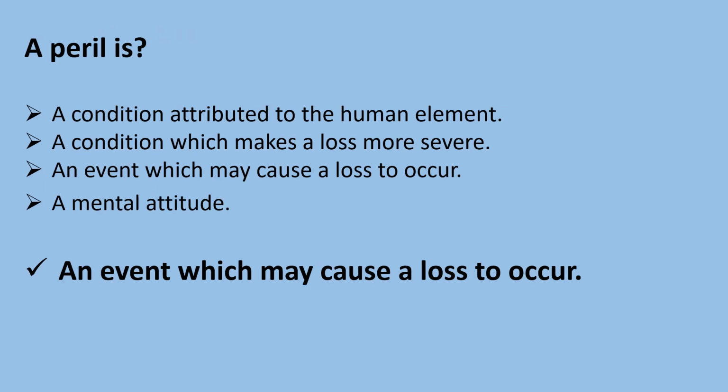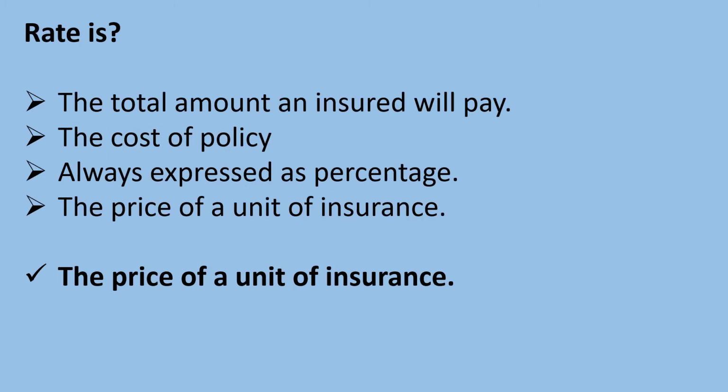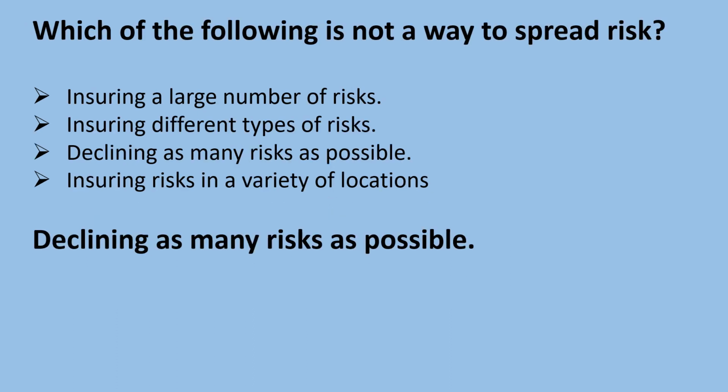A peril is an event which causes a loss to occur. Rate is the price of a unit of insurance. Which of the following is not a way to spread risk: declining as many risks as possible?